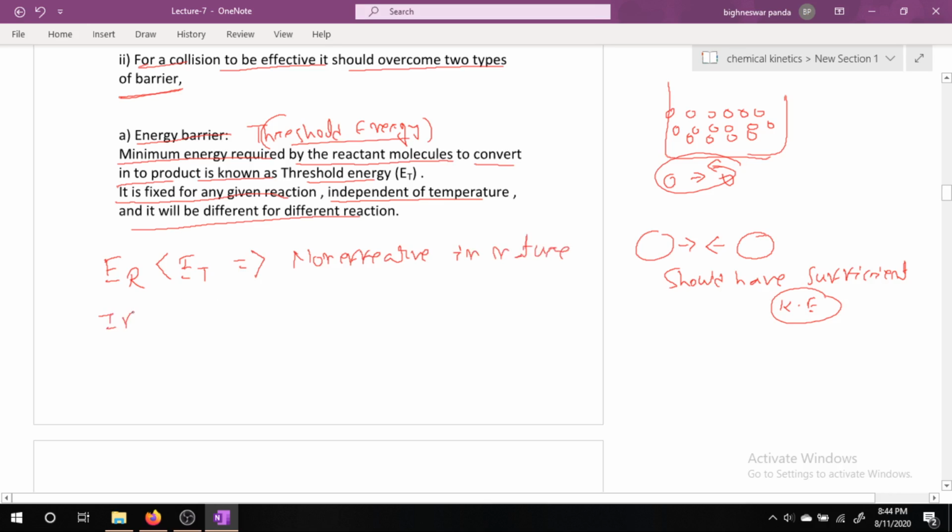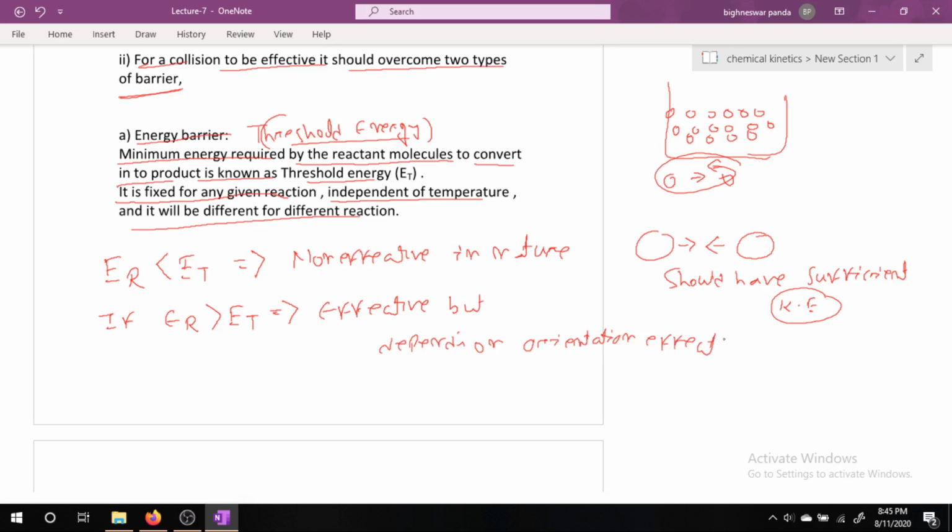But if the energy of the reactant is greater than the threshold energy, then the collision is effective, but depends on the orientation factor. For the collision to be effective, the reactant molecule should possess sufficient energy, greater than the threshold energy.